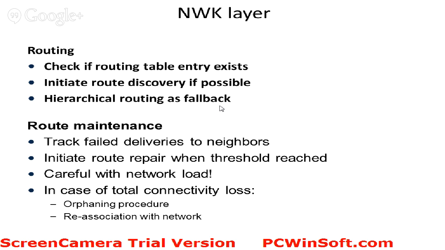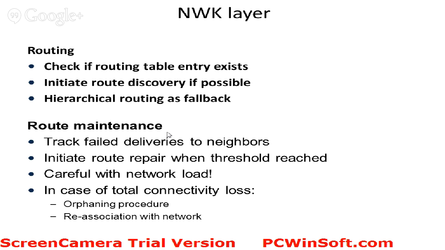Another task of the network layer is route maintenance. As I showed you in that switch and bulb example, in case nodes on a particular route go down, the orphaning procedure is to be initiated to remove those nodes from the routing table entries and to find alternative routes in case of a mesh.